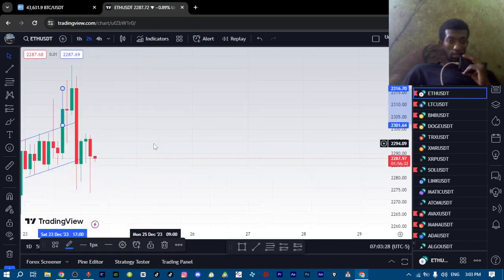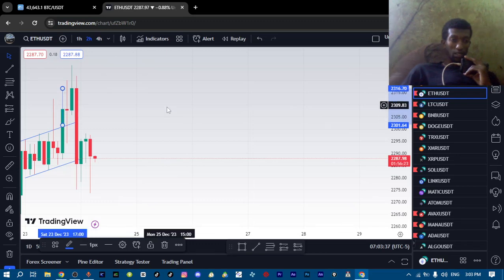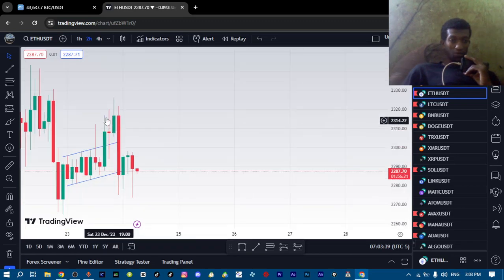So you can see it broke the consolidation right here, and you project it upward or downward to wherever the price broke this zone. So this is TP1, take profit one. It was hit.